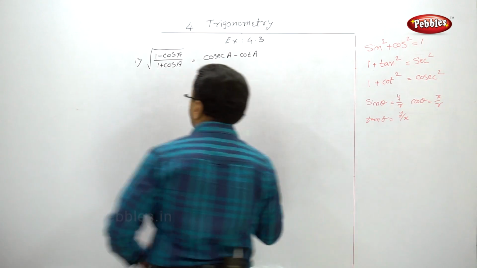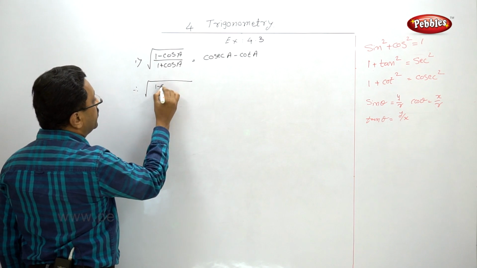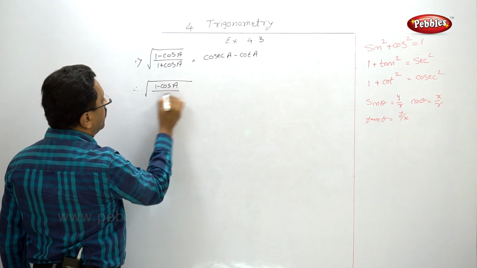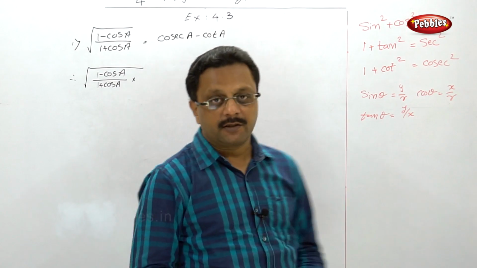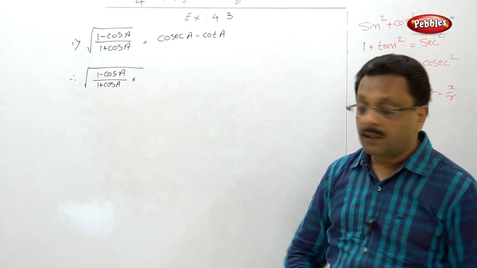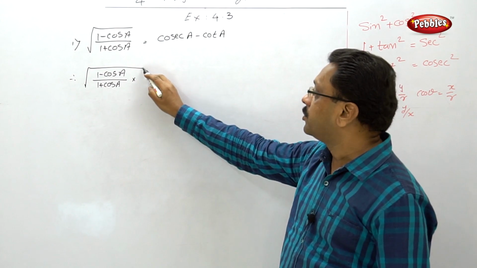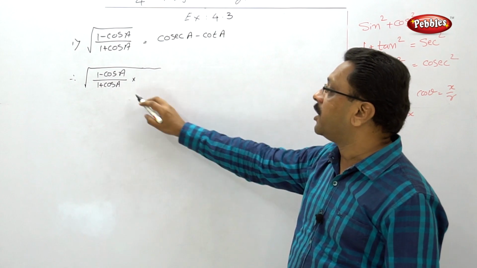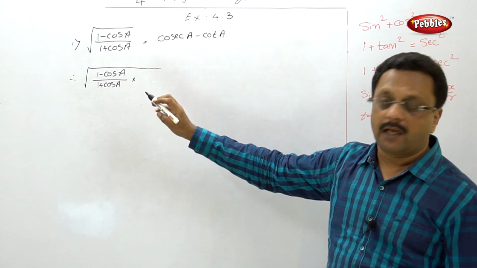Rationalizing means, inside the square root sign, if I divide and multiply by some common factor, nothing will change. It is allowed.